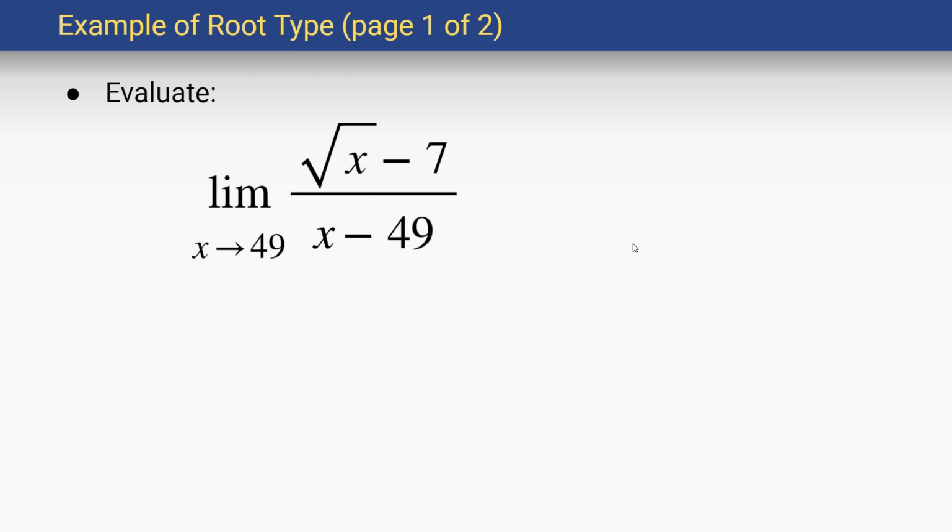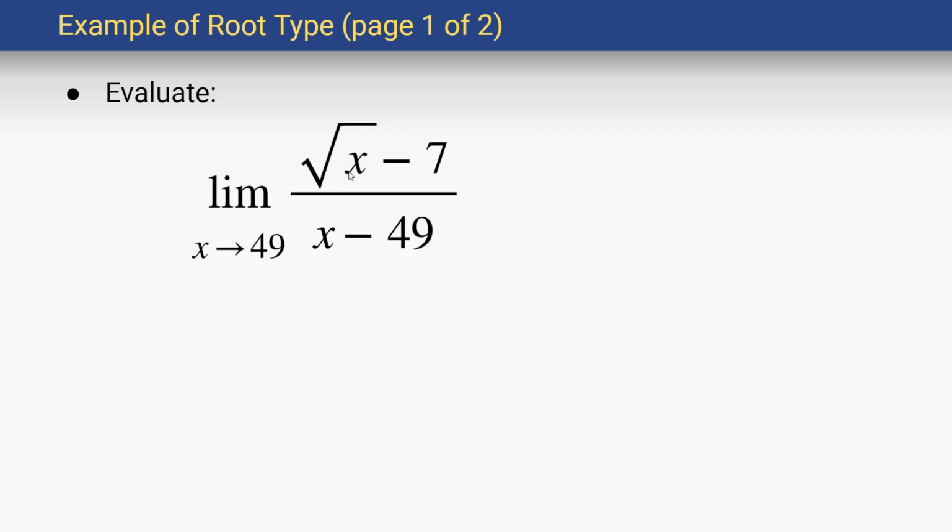So here's an example. Limit as x approaches 49 of square root x minus 7 divided by x minus 49. Just quickly, you can verify that if you try to plug in 49 here, the denominator will be 49 minus 49, which is 0.